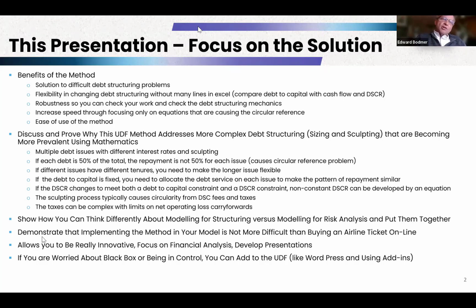So we're going to show you how you can have the flexibility to look at the debt sizing, and then how you can immediately check all of your work. You have a tool, that's where the parallel model comes in, to check all your work. And we'll show you also that this method works quickly. It's a faster method than something like a copy and paste.